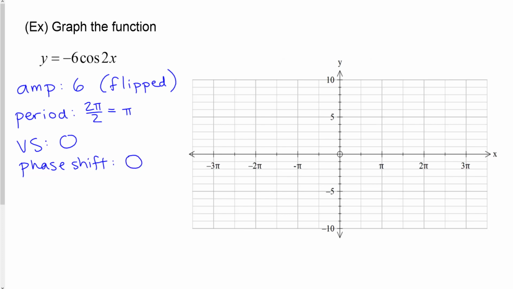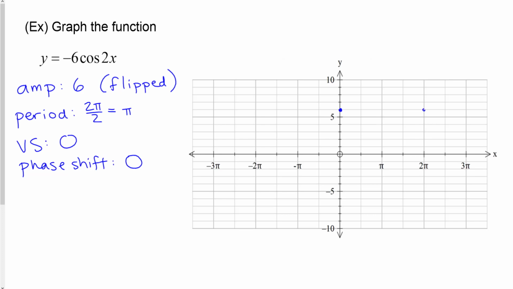Okay, so if I had just wanted to graph the function 6 cosine of x, the only thing that I'm affecting here is the amplitude. Cosine starts off at its maximum and it ends at its maximum.